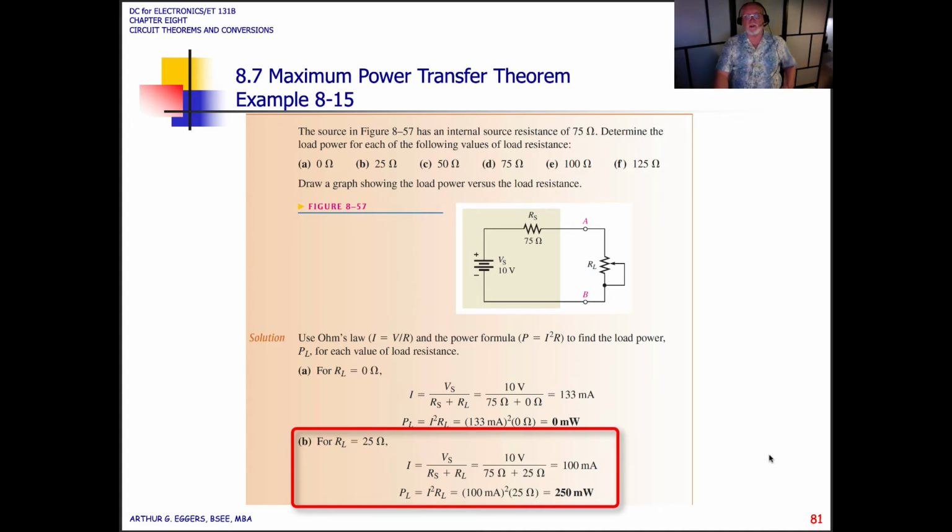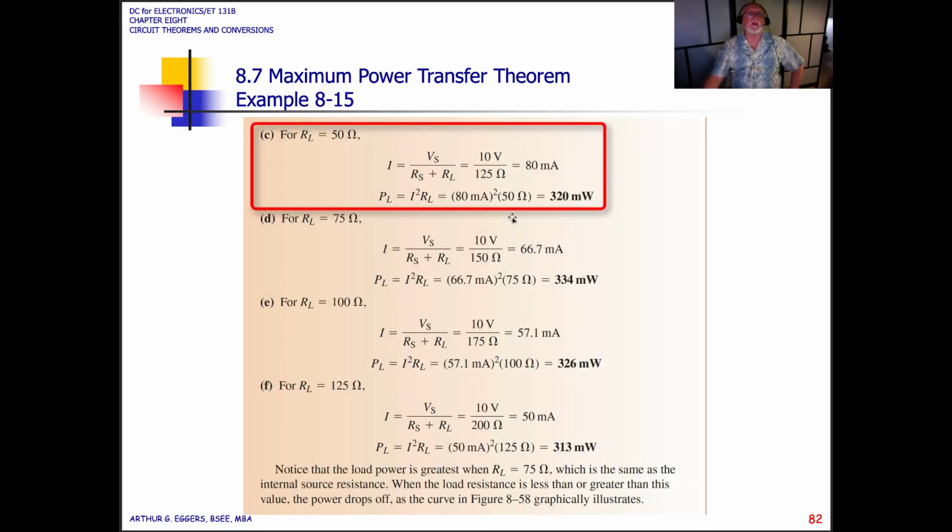If you're going to see a graph, you're going to see that graph start to come up. Let's increase it to 50 ohms. 10 volts divided by 125 ohms is 80 milliamps. I squared R, 80 milliamps squared times 50 ohms, gives us 320 milliwatts. So we can see the power is starting to creep up.